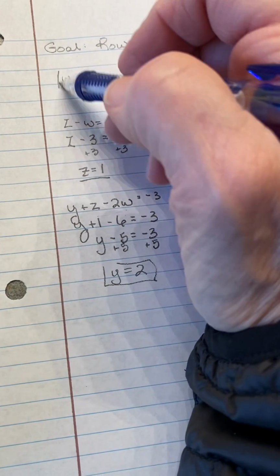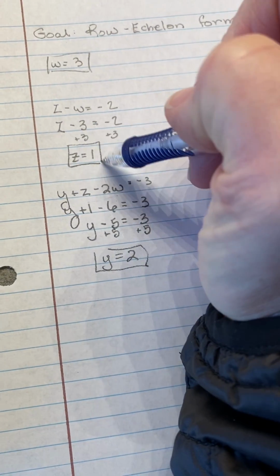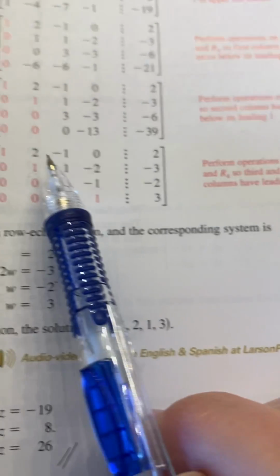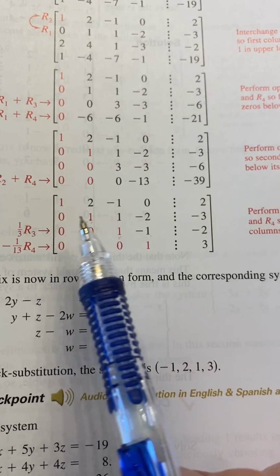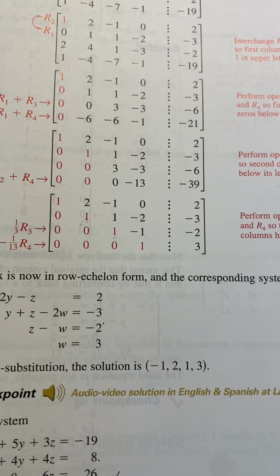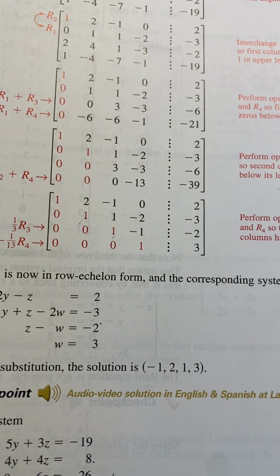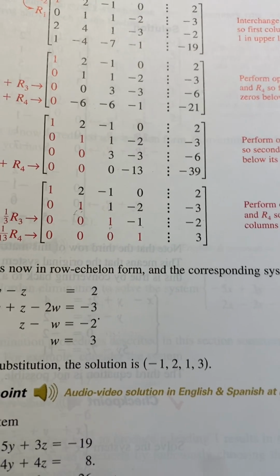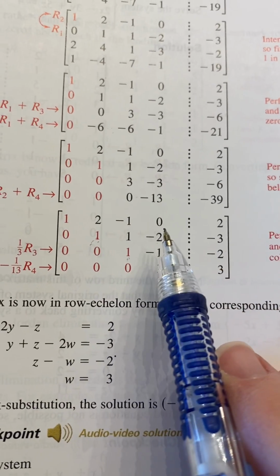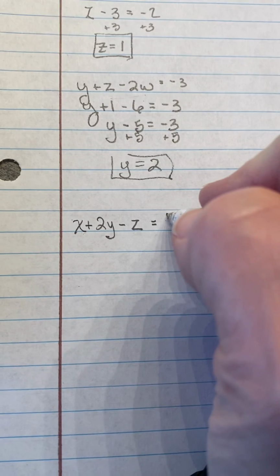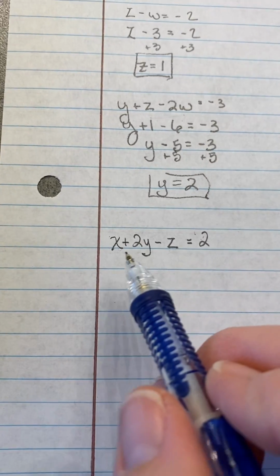So we're almost all done. The last equation would come from row 1. So this is x plus 2y minus z, there is no w, equals 2. So we're trying to solve for x here.